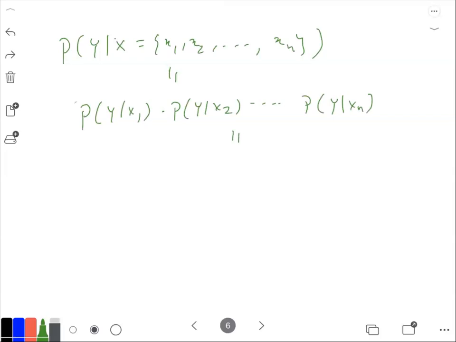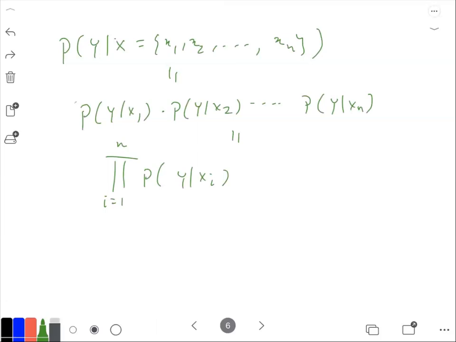So in compact notation, we can say this is equal to the product from i equals 1 to n of P of y given xi. So this is helpful.